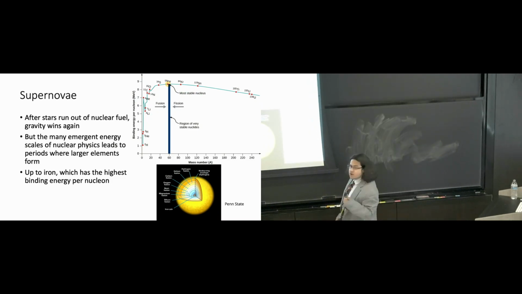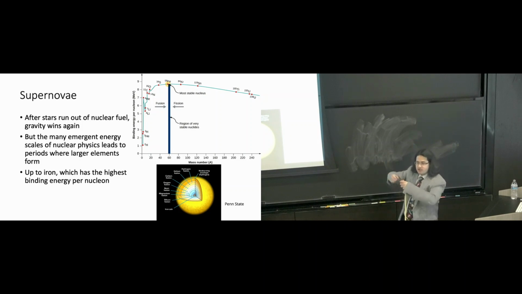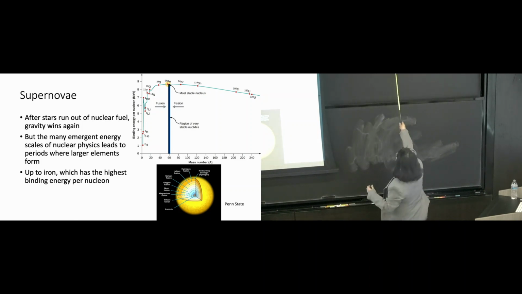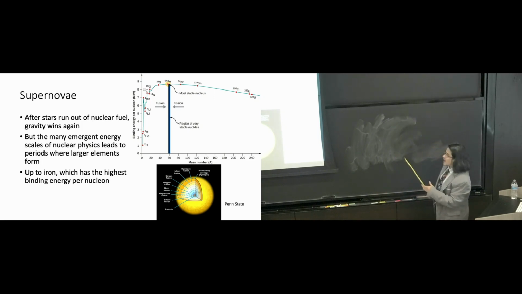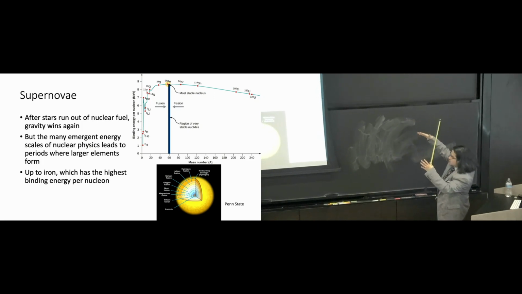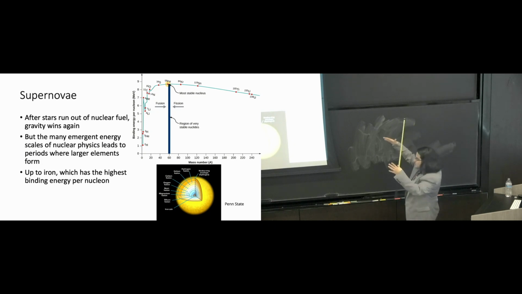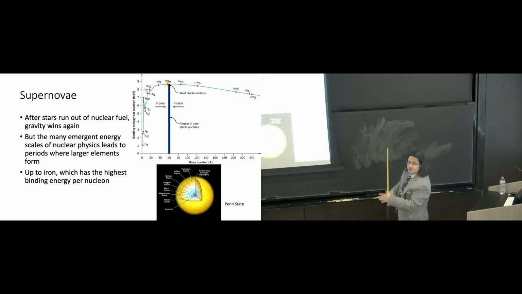But eventually, the star will run out of hydrogen, and so that pressure from the nuclear reactions producing these very hot photons, pressure fighting against gravity, turns off. And then again, you have gravity win and collapse the star further.